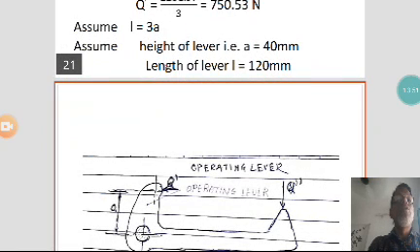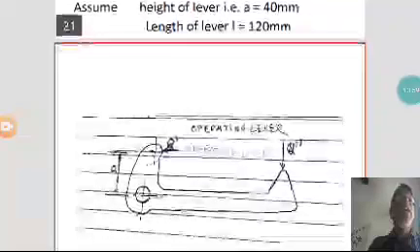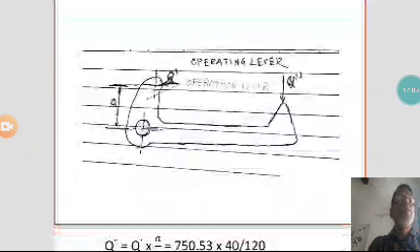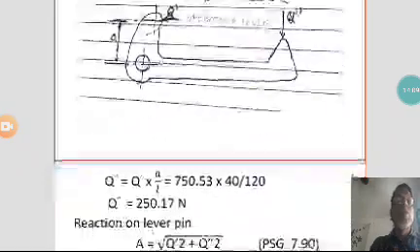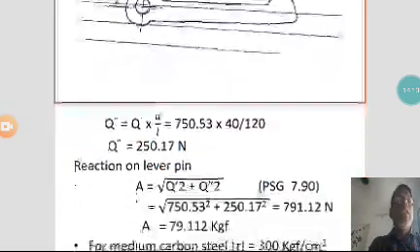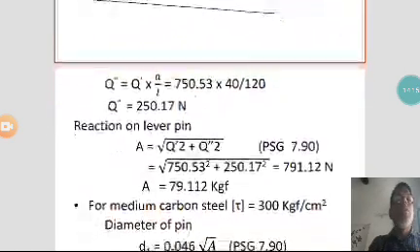Suppose A is equal to 40 and the relation between A and L is L equal to 3 times A, then the length of the lever L you will get 120 mm. So the length of the lever is the perpendicular distance from the center of the pin up to the Q double dash. So Q double dash you will get as Q dash into A by L, that is 250.17 Newton.